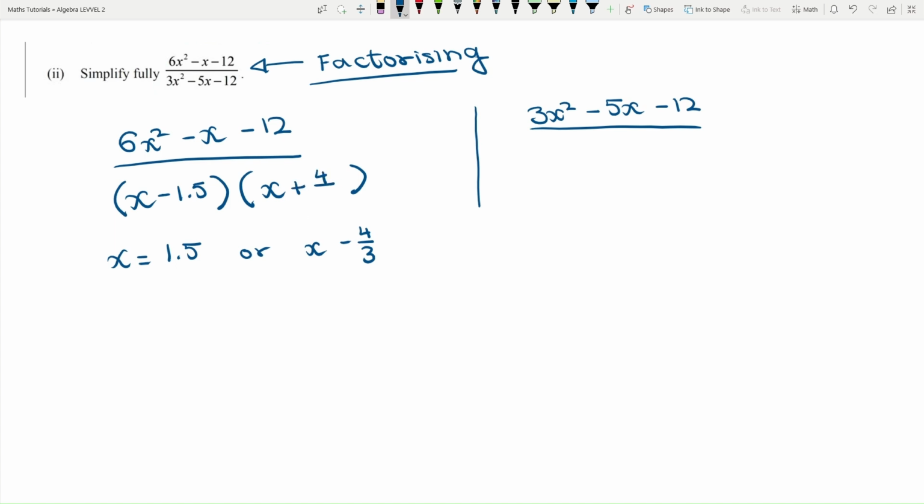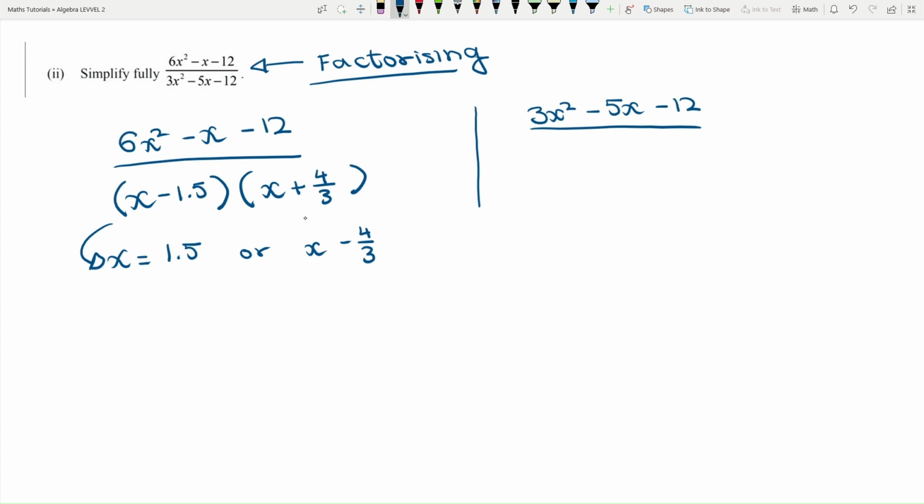Remember when you take this out, this is how the brackets look. It equals 0. So when you go, x, what is x equal to? 1.5. So the sign switches around. So yeah, we got the first factorization done.